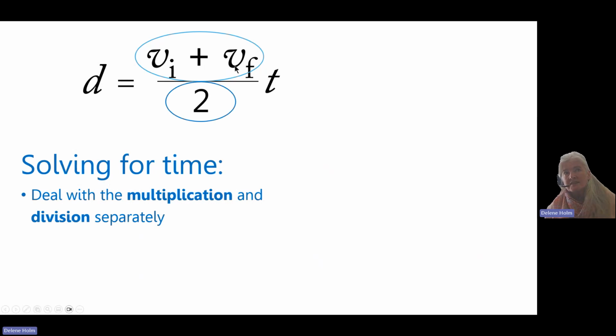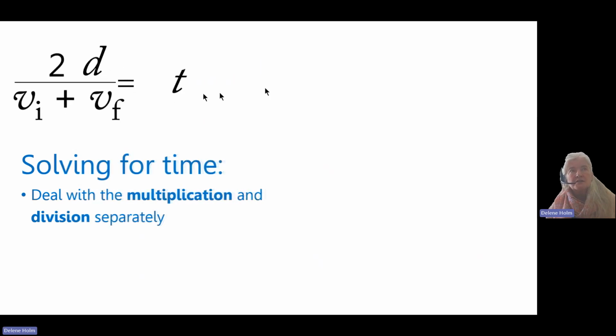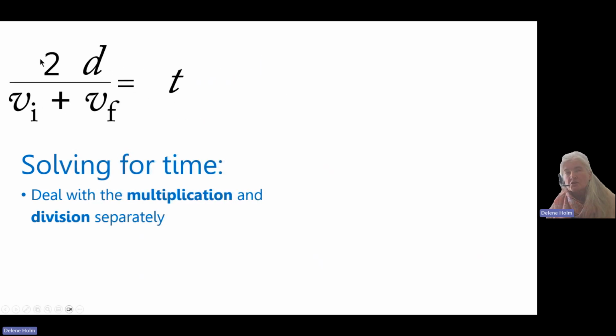But notice that this is one big multiplication term because the line goes under all of it. So when I want to deal with this and get t by itself, you'll notice the 2 that was at the bottom goes to the top, and the Vi plus Vf that was at the top goes to the bottom.